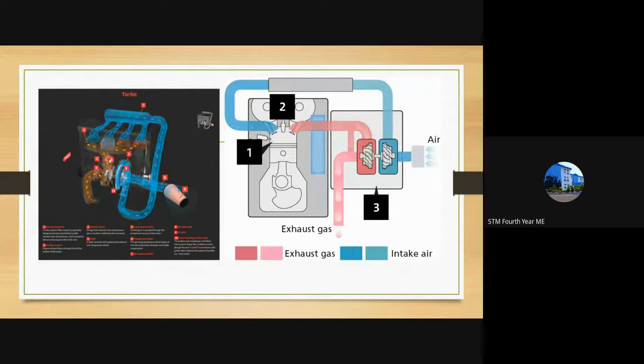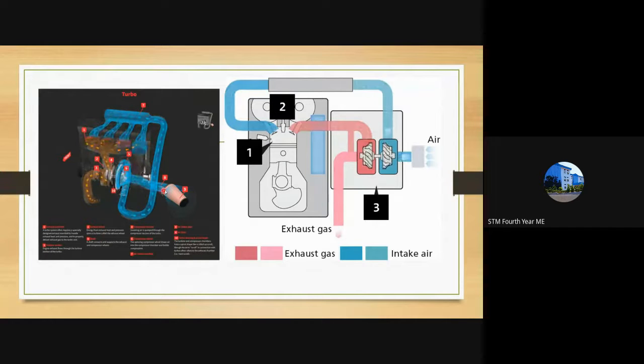I have told you before that at each cylinder, different strokes occur, so only one cylinder has exhaust gas generated at a time. This exhaust is then transferred to the turbine, and this turbine rotates, and this rotation in turn rotates the compressor here.